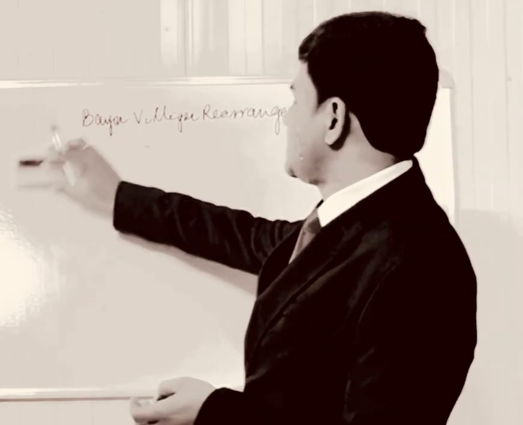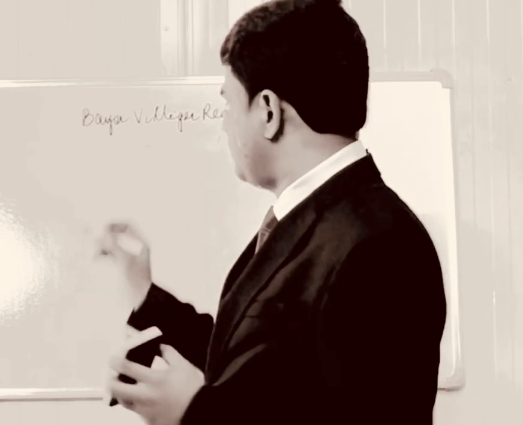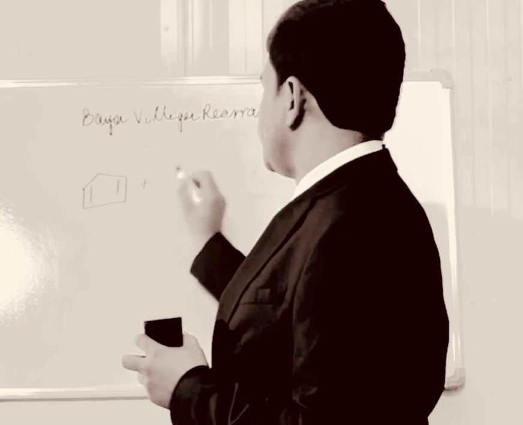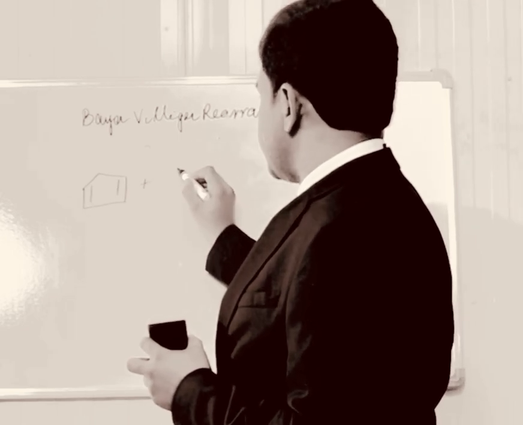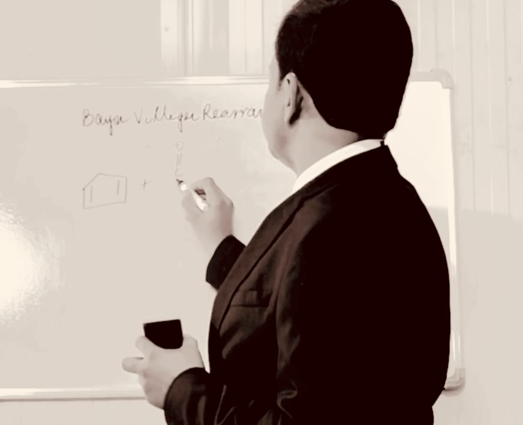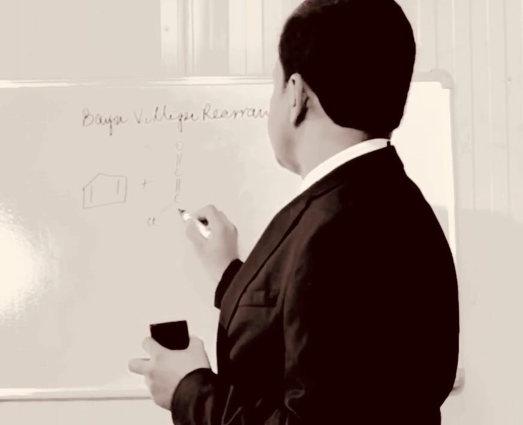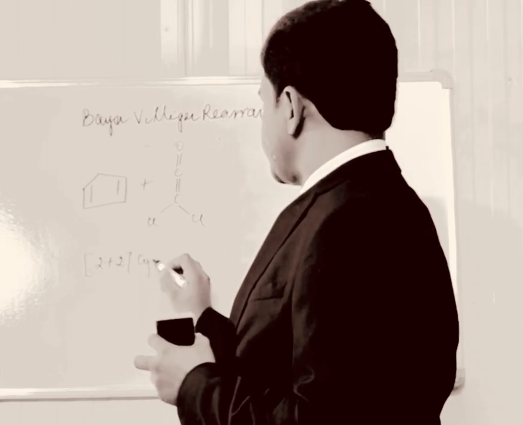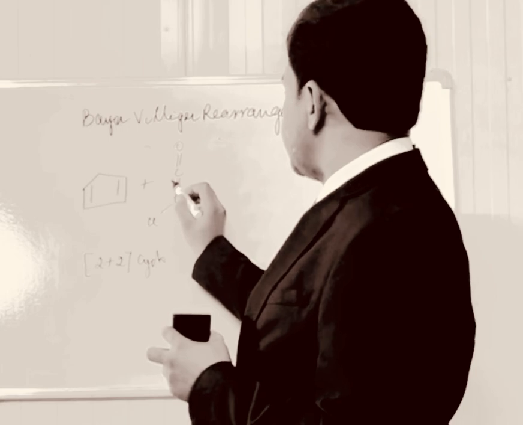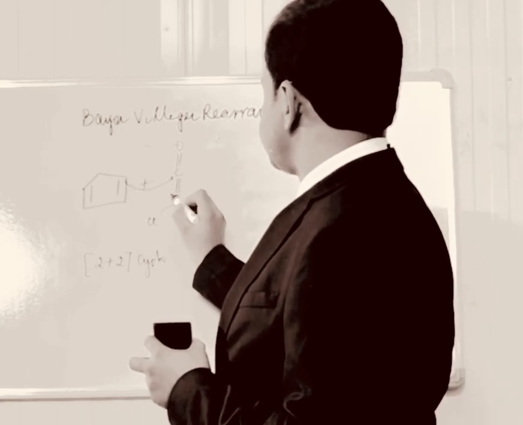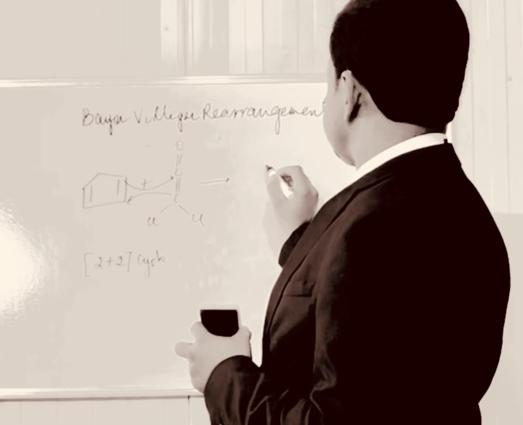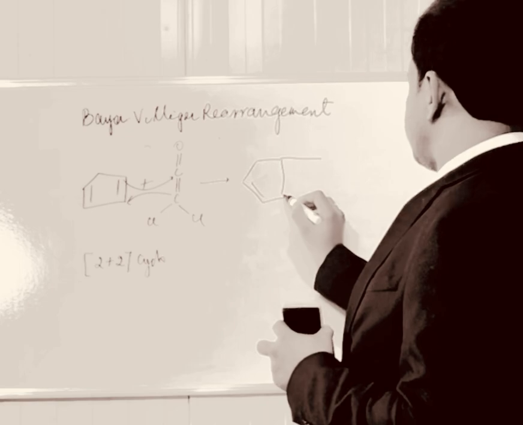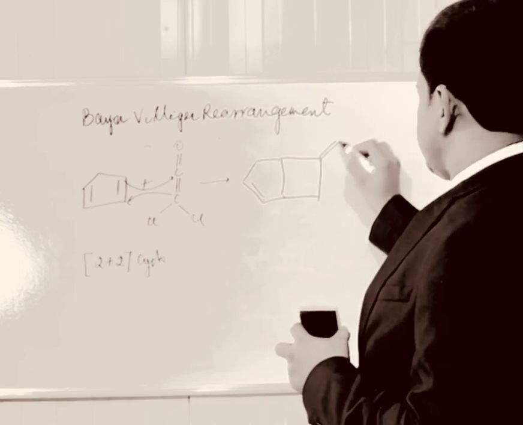If you take another example, we have a cyclopentadiene, and it is treated with a compound like this one, C double bond C, Cl, Cl. Here a 2 plus 2 cycloaddition reaction takes place first, and there is formation of a product like this.